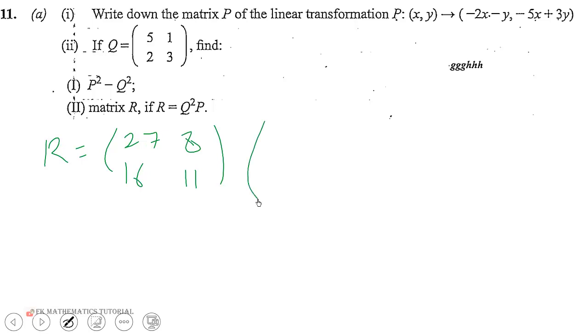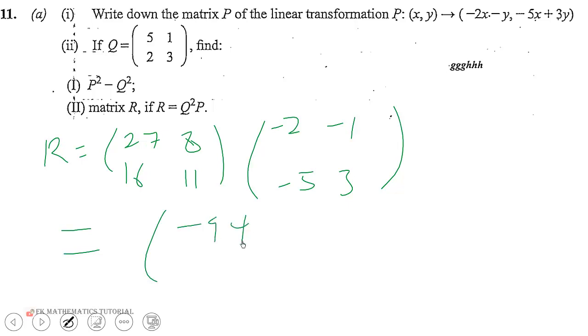And we found p to be -2, -1, then -5, 3. So when we carry out the multiplication, we will get -94, then -3, then we have -87, 17.